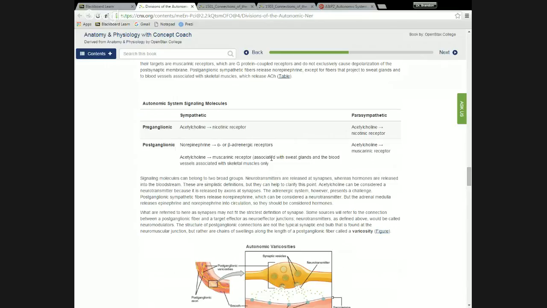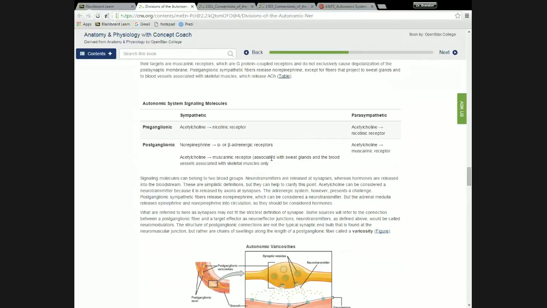One more thing that's very similar about them, which is the type of receptor that acetylcholine binds to. Okay. I think at the end of A&P1, I talk about this a little bit. If you did not have me for A&P1, this might be new to you. But acetylcholine receptors come in a few different varieties.